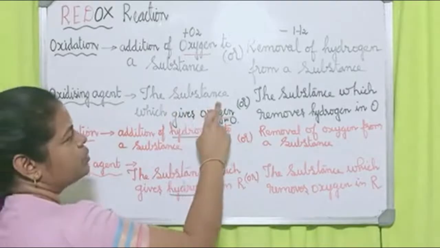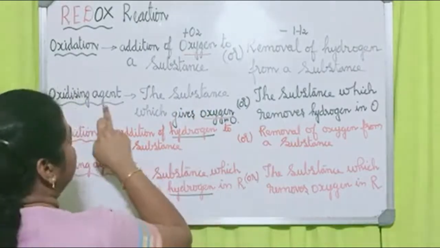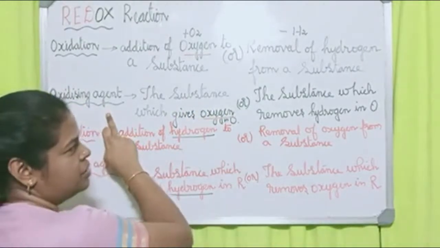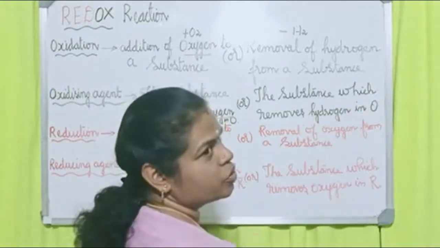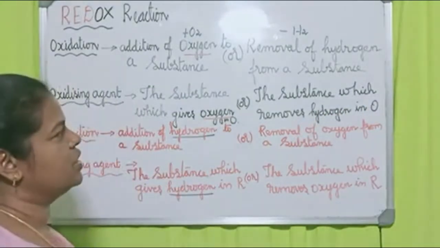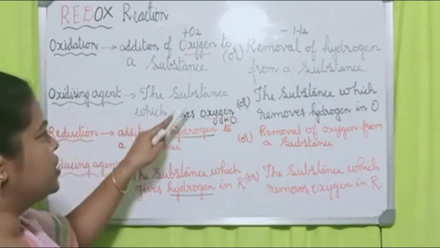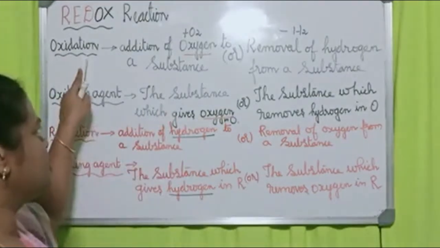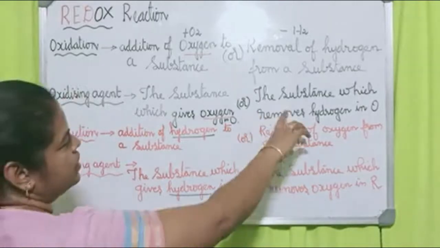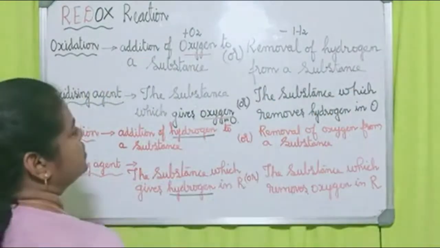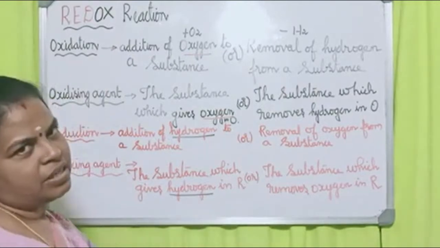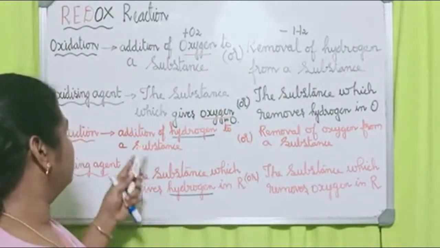The substance which gives oxygen is called oxidizing agent, and the substance which removes hydrogen is also called oxidizing agent. If you study these two things, it's very clear.